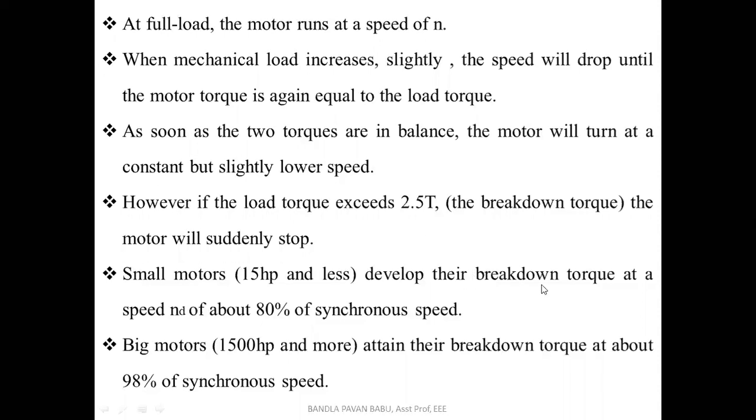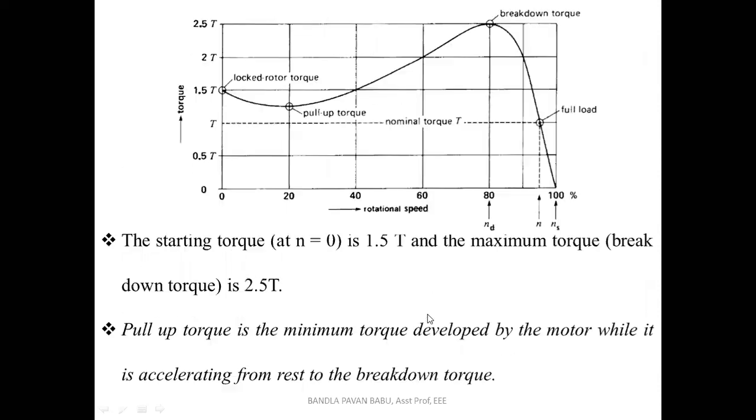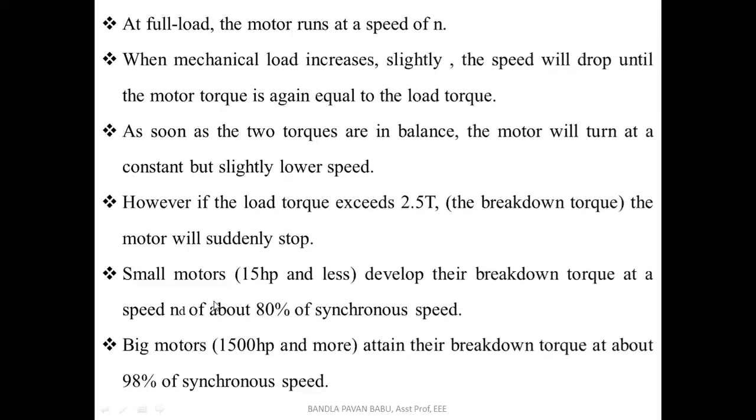They develop the breakdown torque at a speed of about 80%. So here you can see 80% of the speed is achieved. Suppose they require 1500 rpm, then 80% of the speed will be achieved. That is the breakdown torque value for 15 HP motors or less.